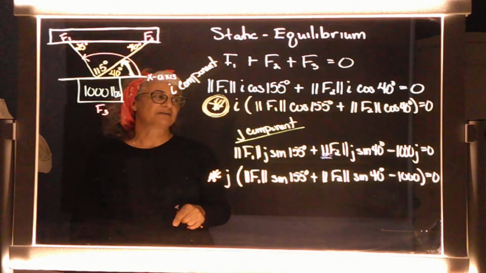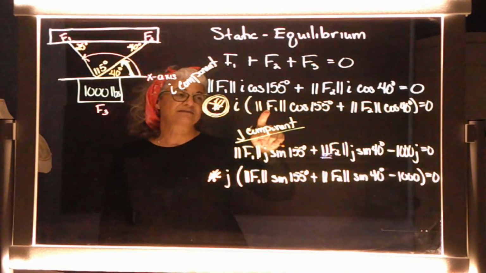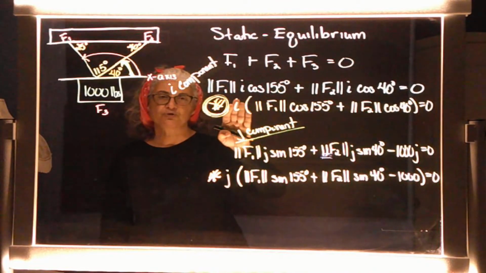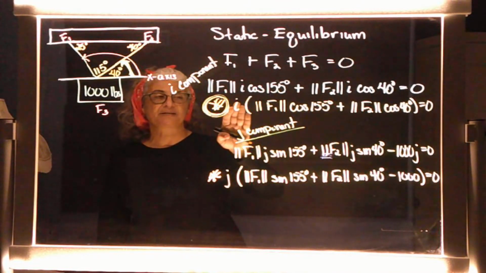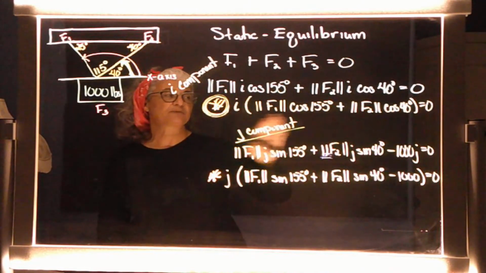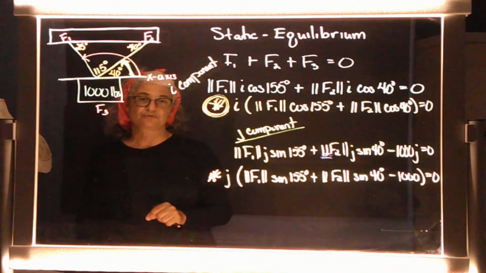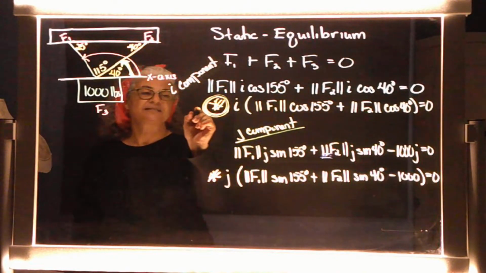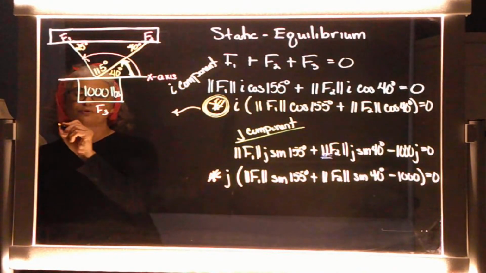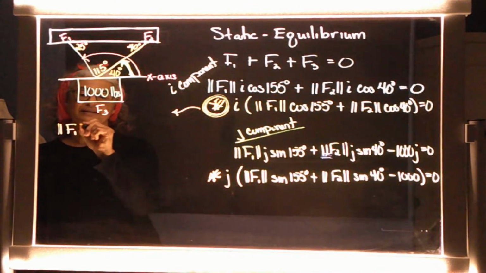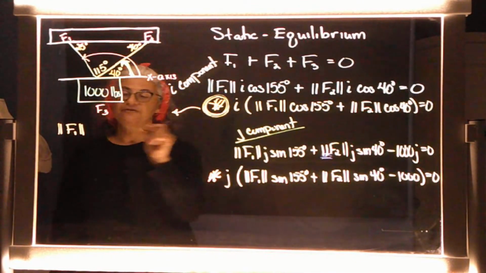Okay. But I am going to look at this first, this I equation. And what I'm noticing is this. When I divide both sides by the I, I have just the equation left in the parentheses, don't I? I'm going to take this equation and I am going to isolate the magnitude of F1.